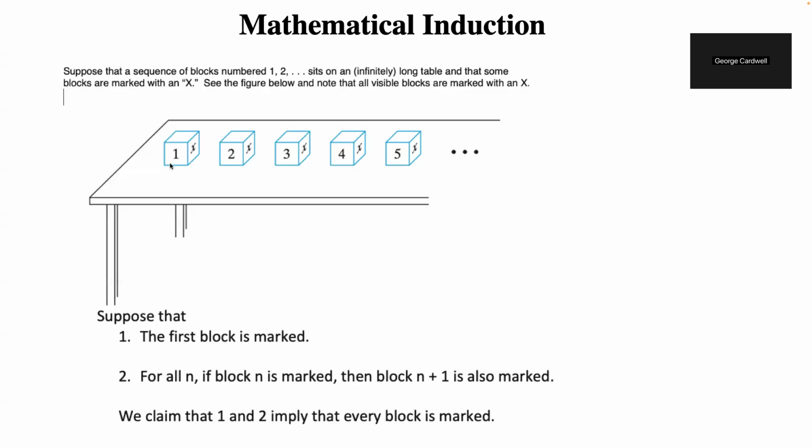So by assumption 1, we know block 1 is marked. By assumption 2, we know block 2 is marked, because if n is 1 and it's marked, then n plus 1, which is 2, also has to be marked. Now, if I know 2 is marked, then by assumption 2, I know 3 is marked. And if 3 is marked, then by assumption 2, I know 4 is marked. And it just goes on forever.